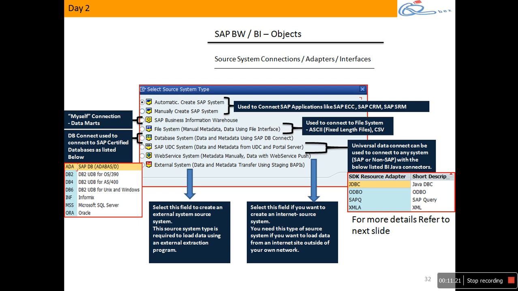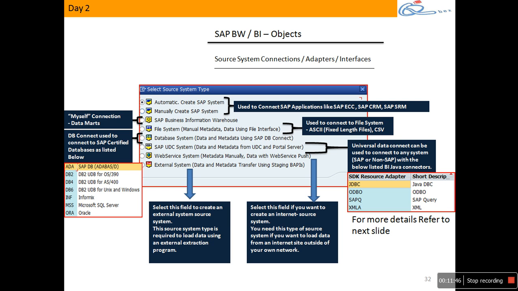By using DB Connect, you can extract data from SAP certified databases. Only SAP certified databases can be connected to BW by using DB Connect. And this DB Connect does use ABAP programs to connect. To establish a DB connection to an SAP certified database, it does use the ABAP stack.